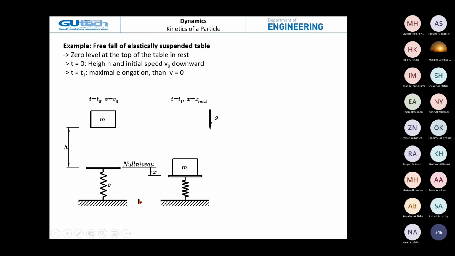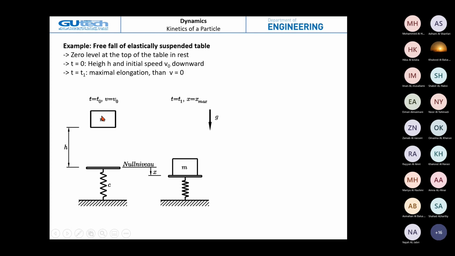You can choose it at this position, the contact between the spring and the ground, when you know the velocity v0, or you choose it here, where we know the height of the mass at the initial state, t0.